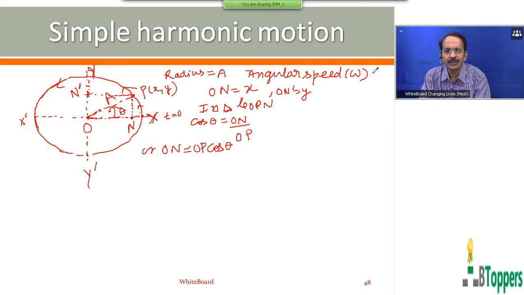In uniform circular motion, the angular speed omega can be written as theta by t, so theta equal to omega into t. ON can be written as x here, so x equals OP, the radius of the circle a, times cos theta. Substituting theta equal to omega t, we get x equal to a cos omega t.